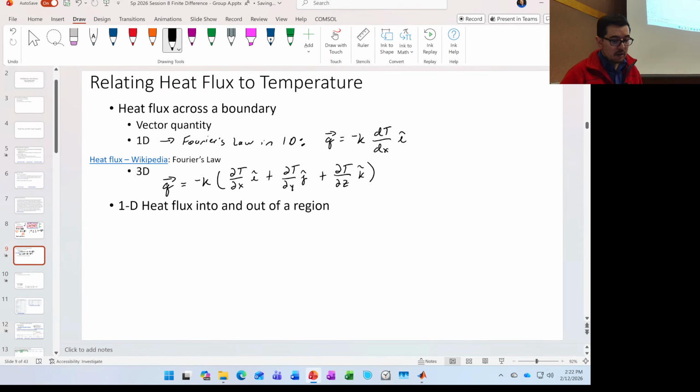And what do we see? This expression is the gradient of temperature.